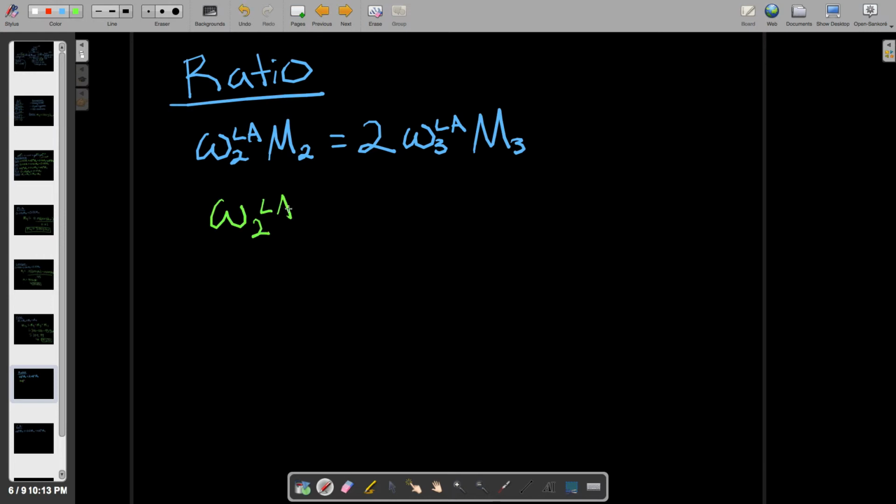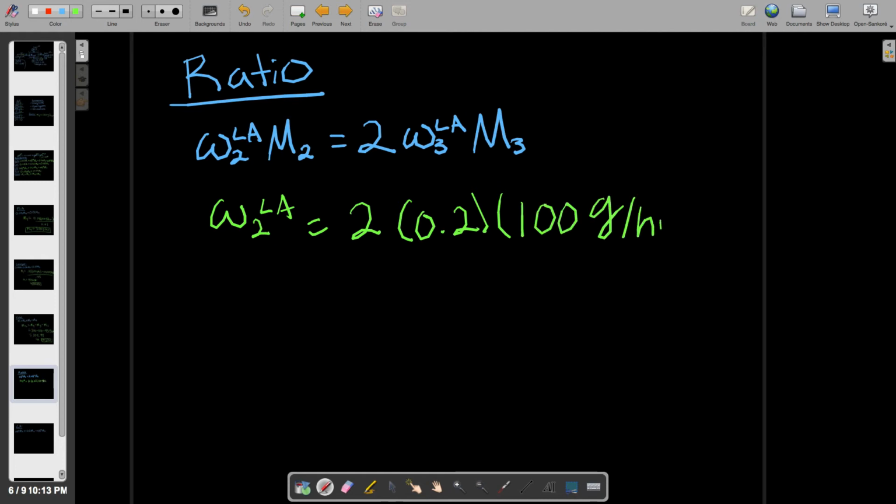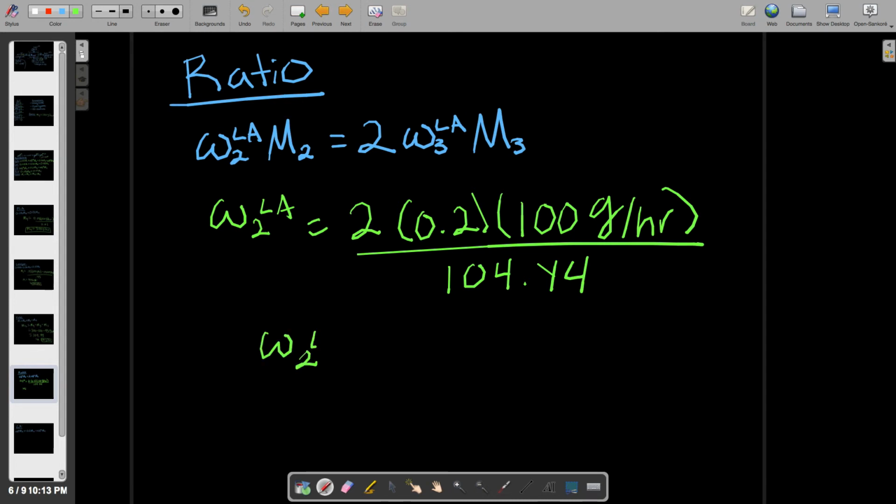So that's just going to be 2 times 0.2 times the flow rate of stream 3, which is 100 grams per hour. This is going to be divided by flow rate in stream 2, which is 104.44. This is going to give us a mass fraction of LA in stream 2 of 0.383.